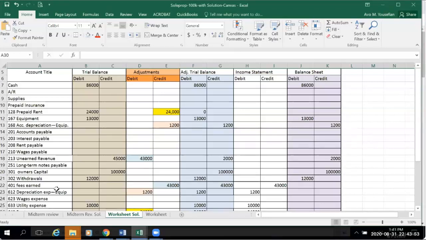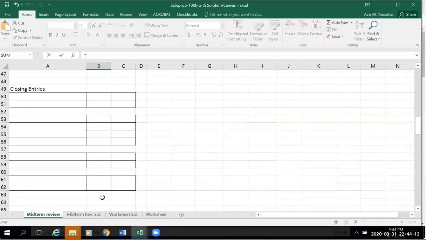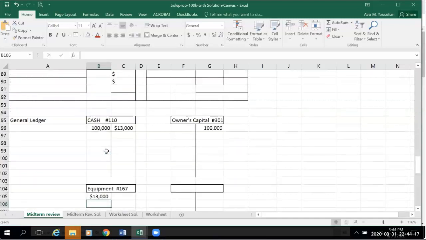Okay, so 167, let's go back. So account number for equipment, we call it 167. Enter. So equipment is here and equals to, and you go up, click on the equipment right there, enter.